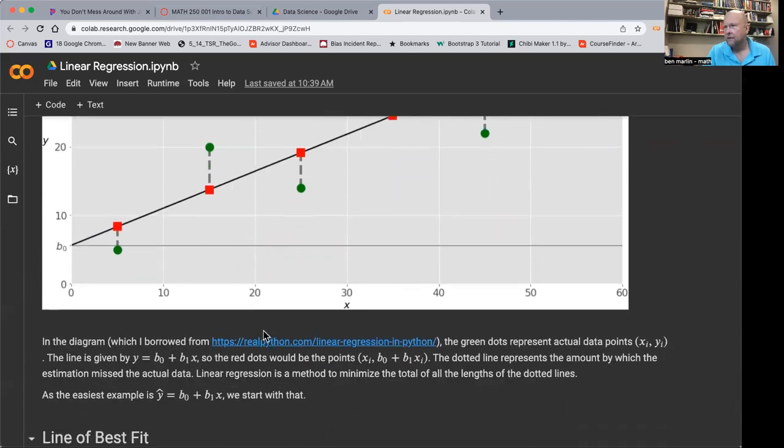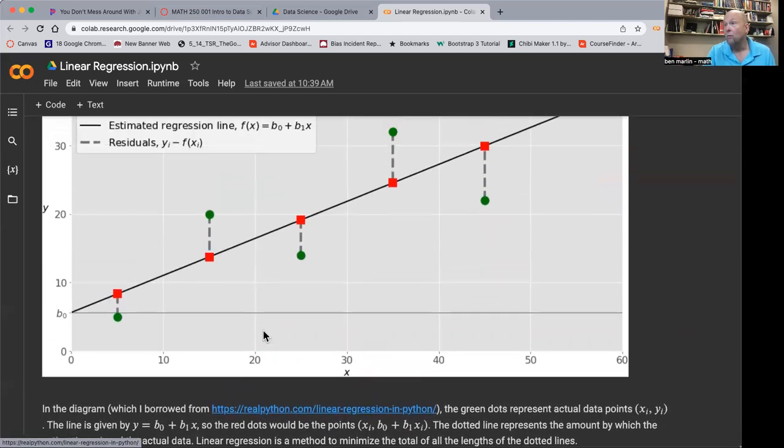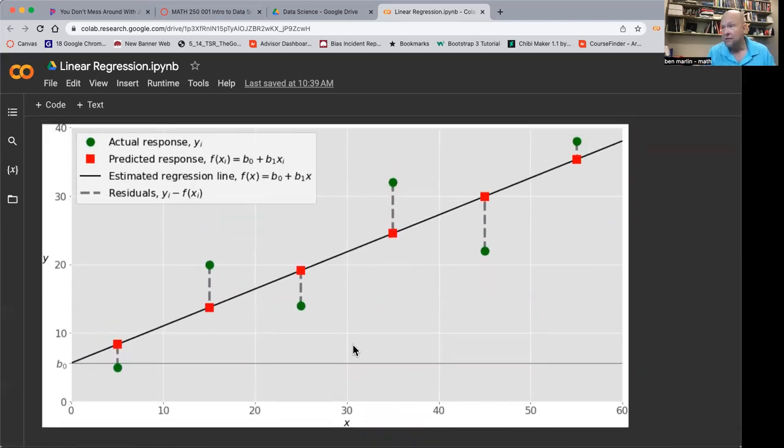Okay. So, oh yeah. So in that diagram there, the thing for you to notice is that the line we're getting is going to miss these points because the points generally don't line up perfectly in a straight line. They have some sort of errors from being off the straight line. Okay.